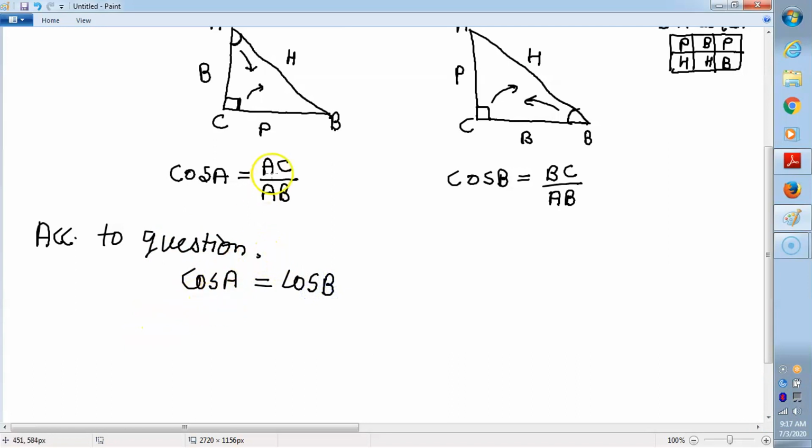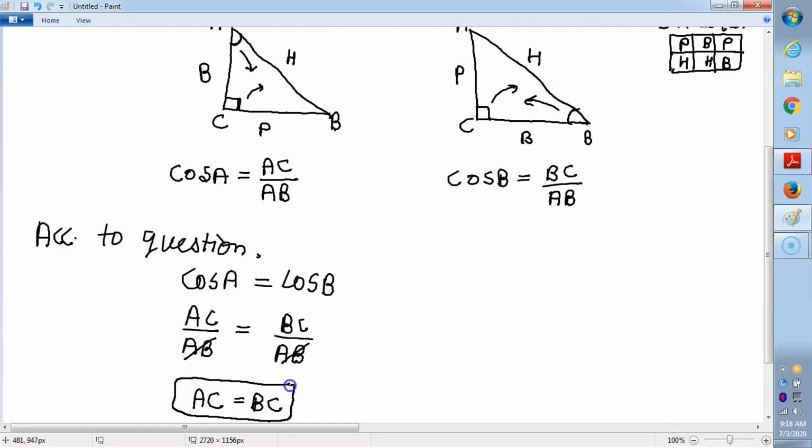Write the values of cos A. Cos A is ratio of AC upon AB equals cos B, BC upon AB. Now, since we can see AB on LHS and RHS both sides, we can cancel AB. We'll get AC equals BC.